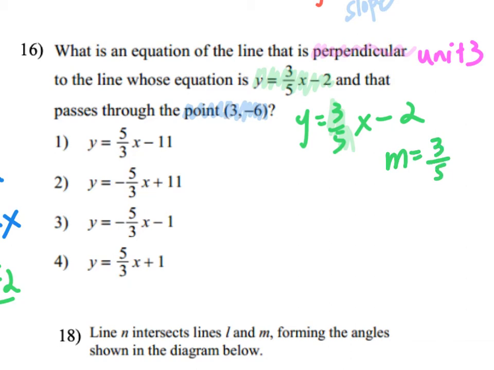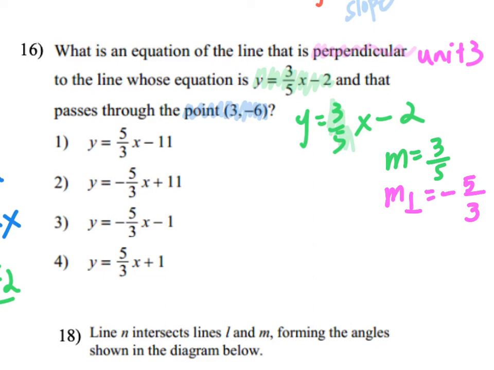I'm asked to find the perpendicular slope, right? So whenever I have to find my perpendicular slope, I know that it's going to be the opposite sign and the reciprocal of this, right? So it's going to be negative because this original slope was positive. I'm going to flip my fraction, right? So this is a slope that I'm dealing with when I'm making my equation. Now, I'm given a point.